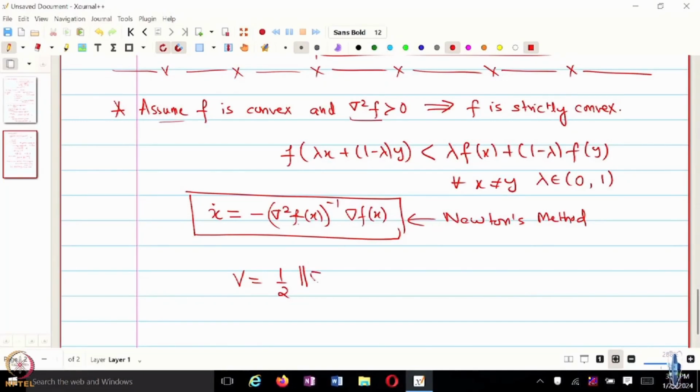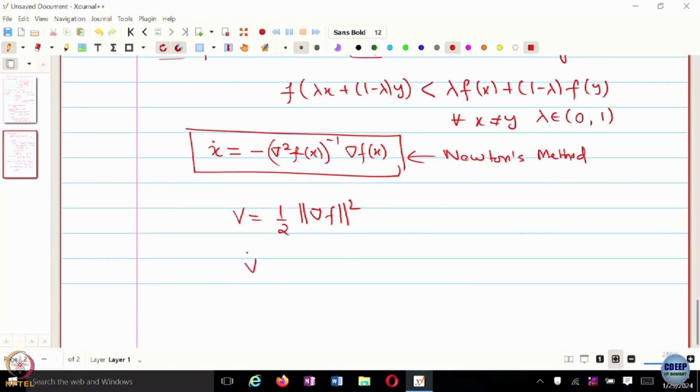So when you consider this to be a Lyapunov function, V dot turns out to be gradient of f transpose Hessian f times x dot. Now if I substitute x dot, which is negative Hessian inverse times gradient, I can get rid of the Hessian, because Hessian times Hessian inverse is identity.